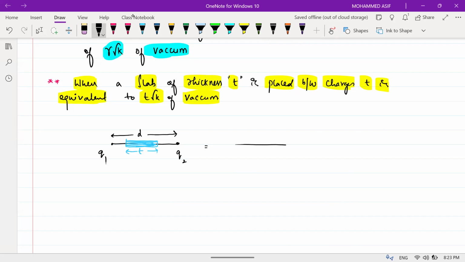You need to increase the distance. This is your Q1, this is your Q2, and this is your vacuum. And here there is a medium when it is in medium. Now you are increasing the distance. When you increase the distance, what will be the remaining distance? From the D, you need to remove T. So it is D minus T plus replace the T by T into root K. This will be the distance in vacuum.